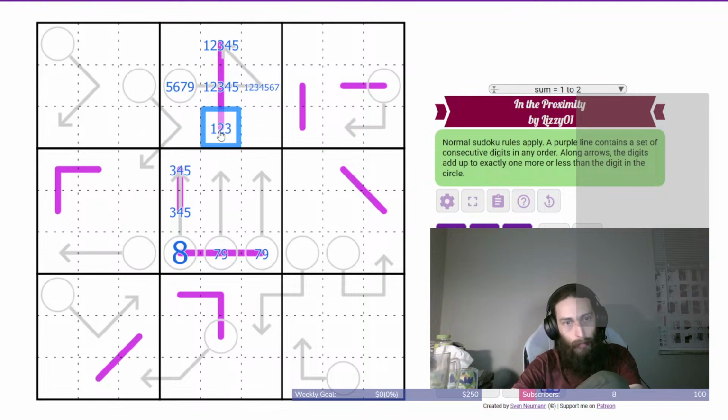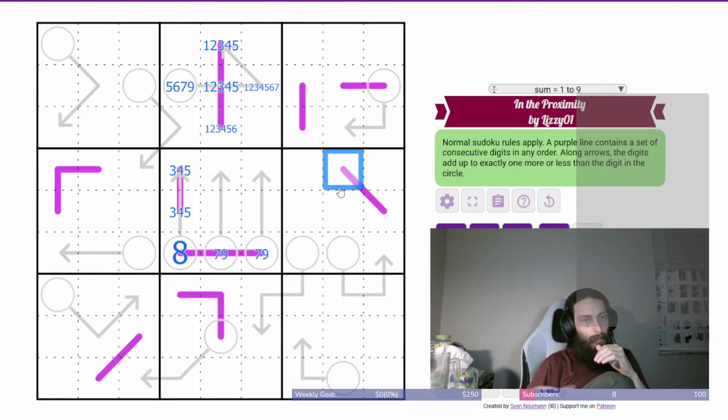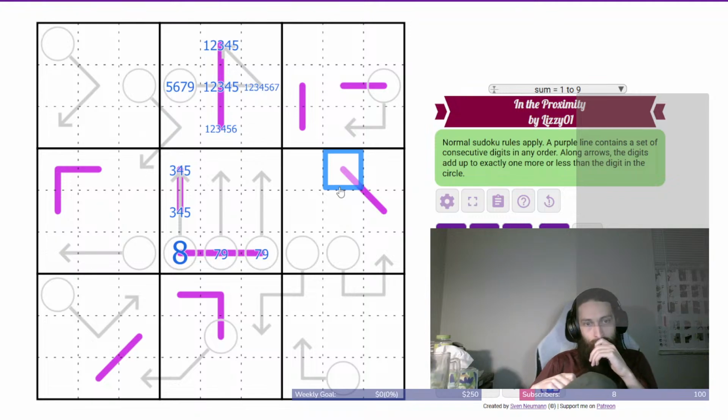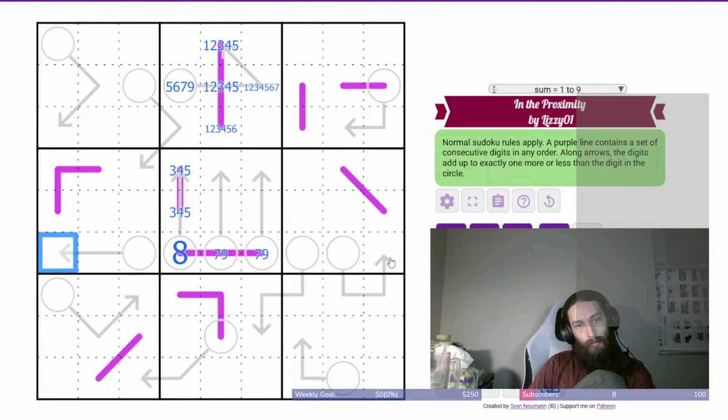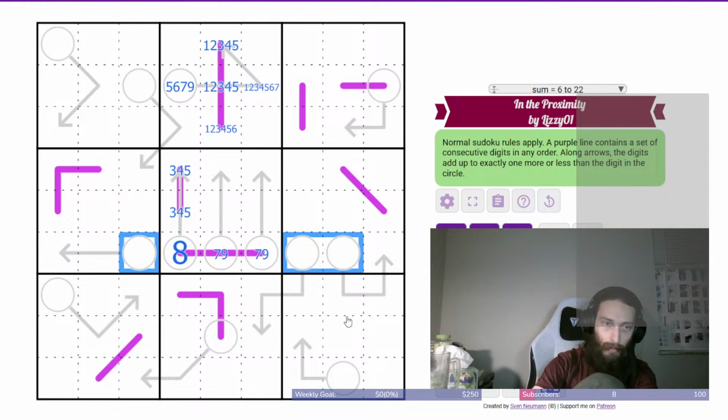I guess that means that this is now max 6 here on the end of the Renban. Right. Okay. Where can... I guess, what can these be? They're not 7, 8, or 9.